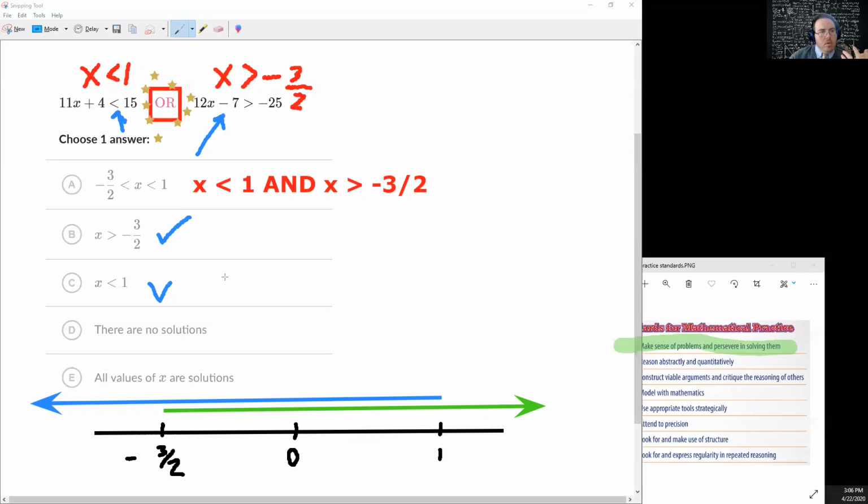Because it says "or" and not "and," the actual answer is going to be all real values, because once those two lines go in opposite directions, every single real number value will work for the system.